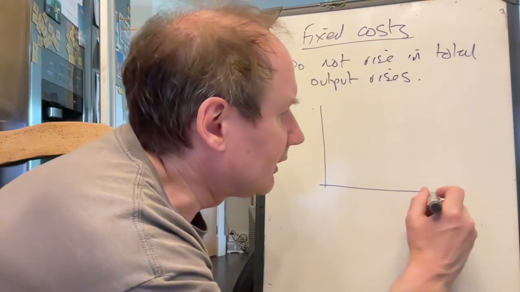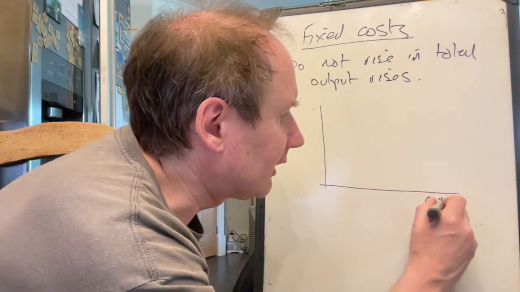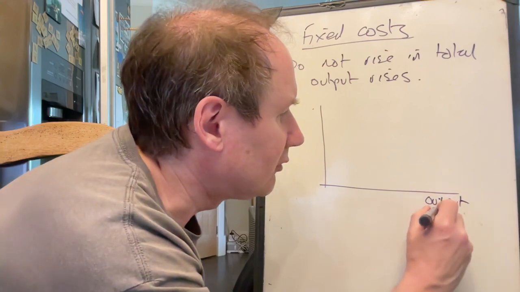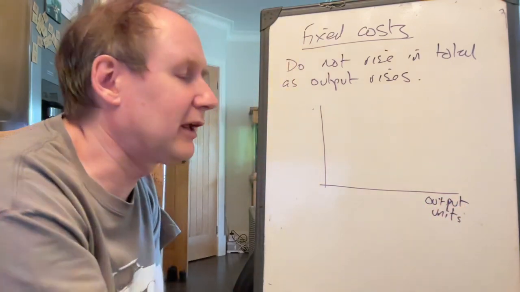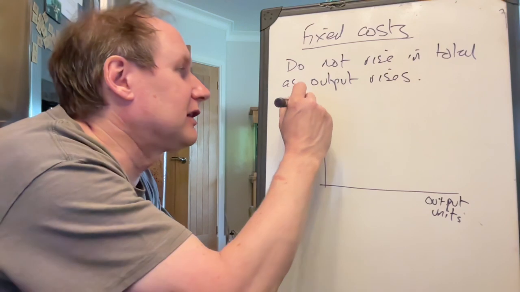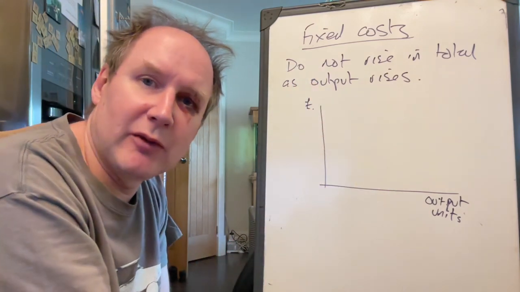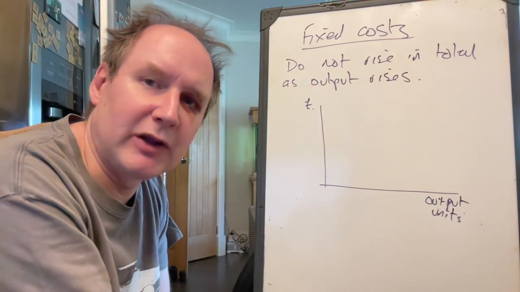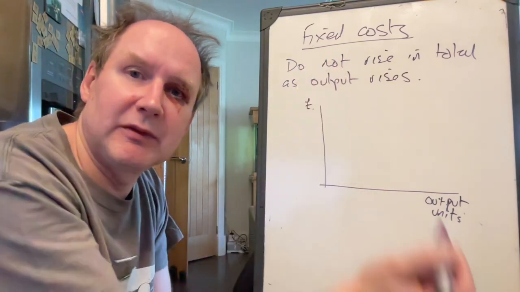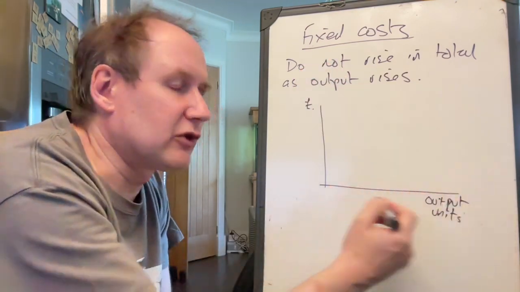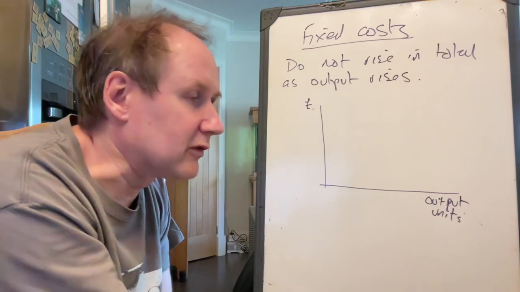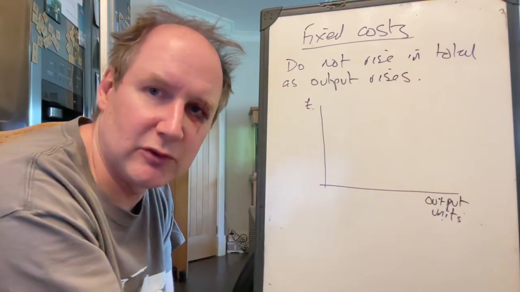What we're now doing is we're putting output down here. So this is the number of units, the number of marker pens that the firm makes, and this is now going to be money. So up here, we're now back to a bit like the way we did with supply and demand, where the vertical axis is something monetary, and the horizontal axis is the quantity of something. In this case, the number of marker pens or whatever.